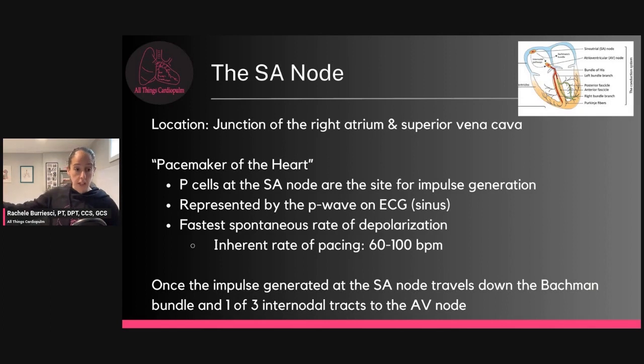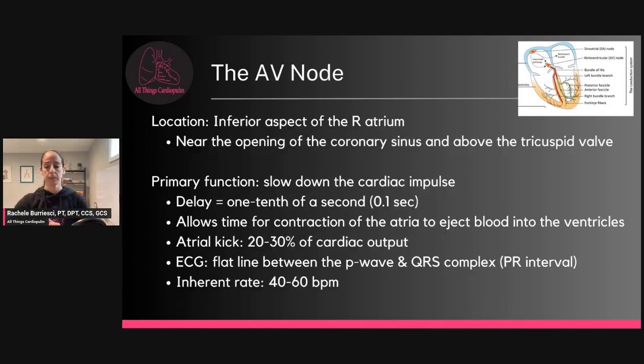On the ECG, what you're going to see is a P wave denote atrial depolarization. So SA node has P cells that stimulate this impulse, and we're going to see it on ECG via the P wave itself. And the P wave on the ECG denotes atrial depolarization. So just an easy way to remember that.